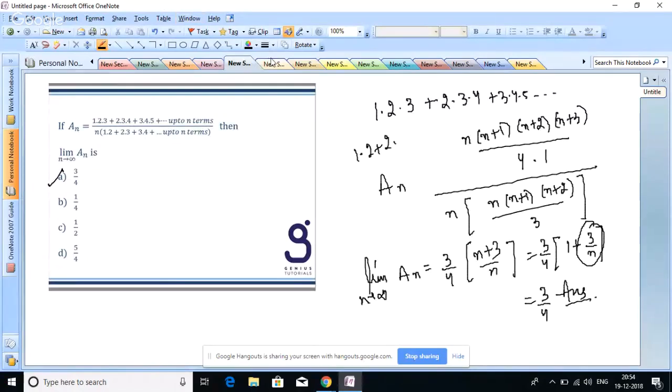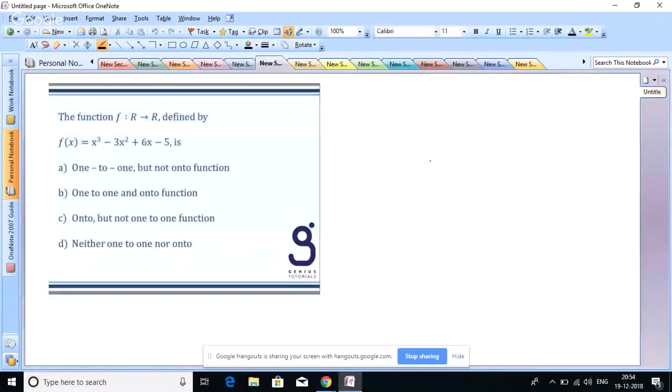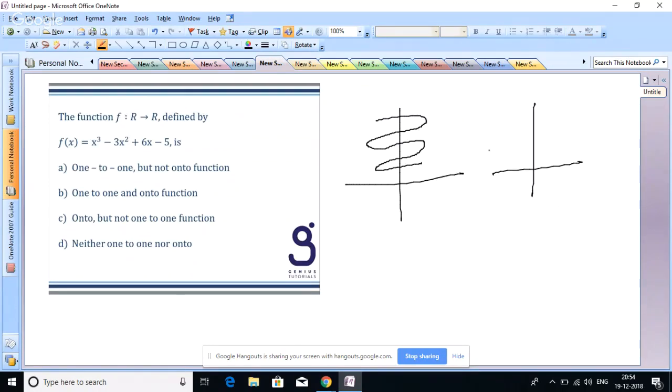Okay, let's move on to the next question. Now in this question we have two. One thing more: see, if I say y is equal to f(x), which of the following graphs will represent the graph of a function?